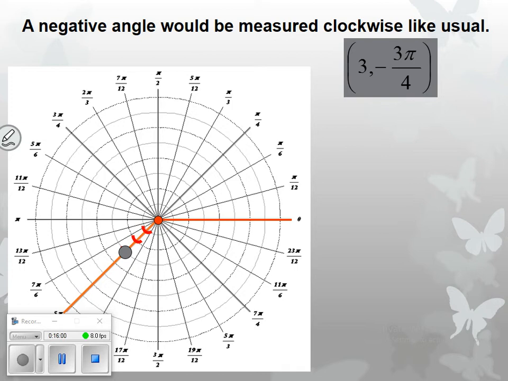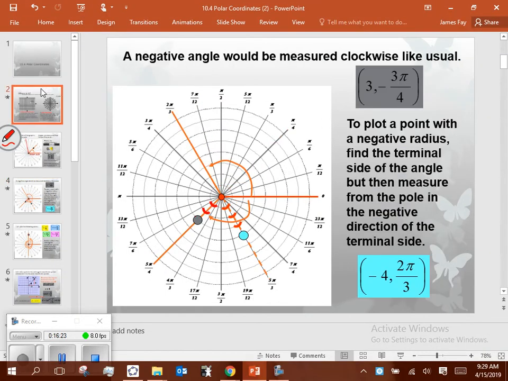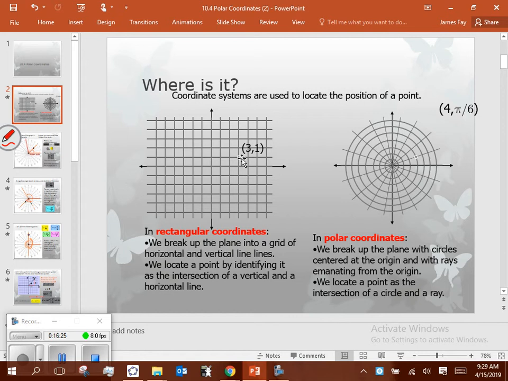Now, here's my question. What's another angle for negative 3 pi over 4? 5 pi over 4. If I would have graphed 3 comma 5 pi over 4, does it give me the same point? Yes, it does. And that's the difference between some of the things that we do with rectangular systems and polar systems. In a rectangular system, this point 3 comma 1, there is one and only one way of identifying that location, right?